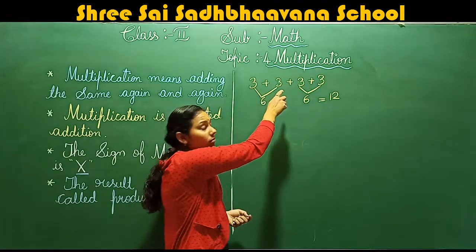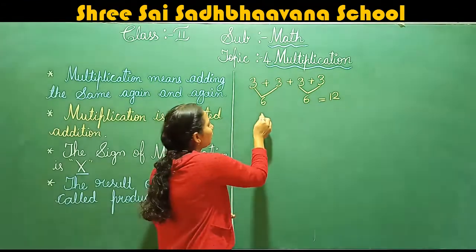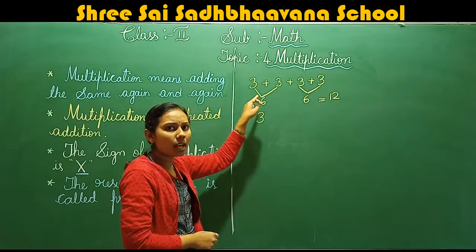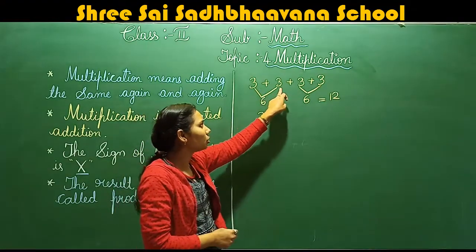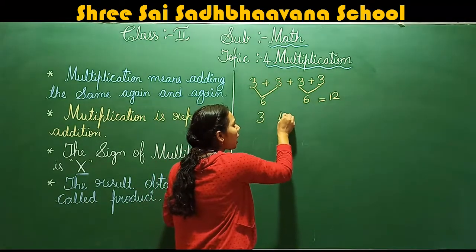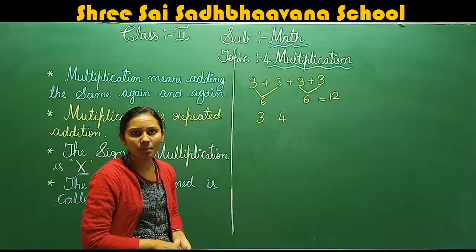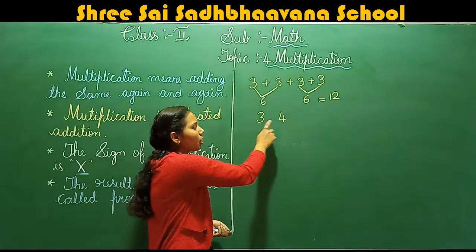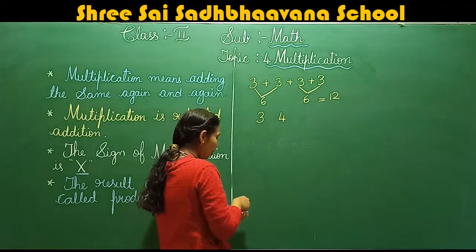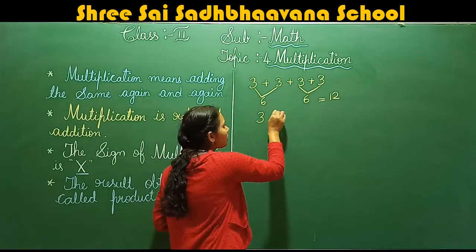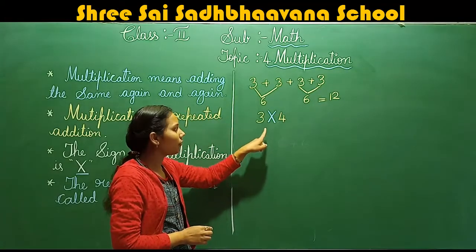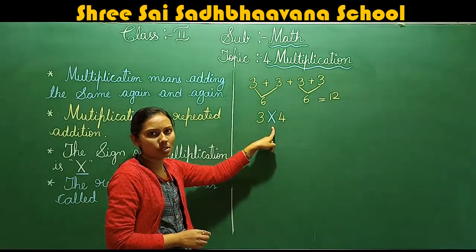What is the number you are seeing here? 3. How many times can you see the number? 1, 2, 3, 4 times. So 3 you have to add for 4 times. So this is the sign of multiplication which looks like X or cross.